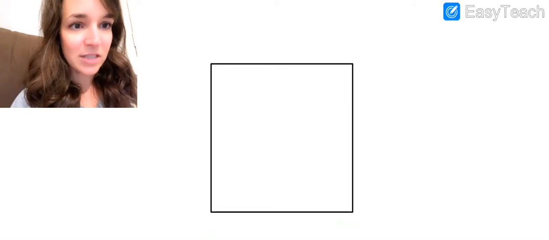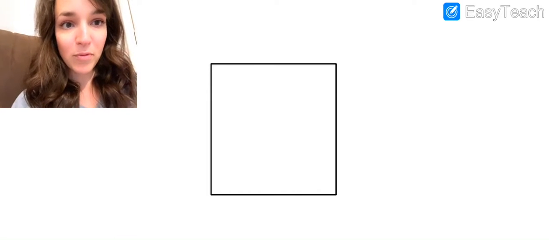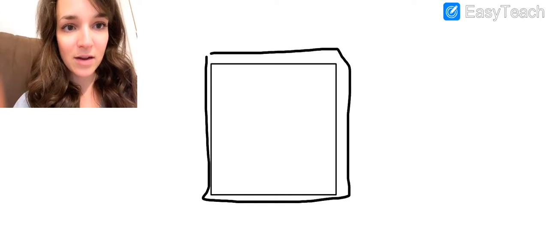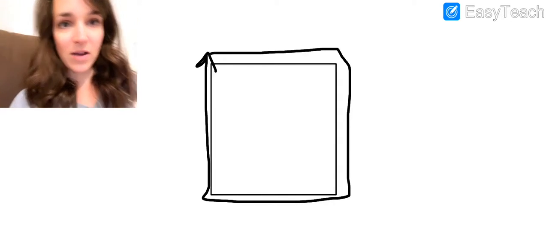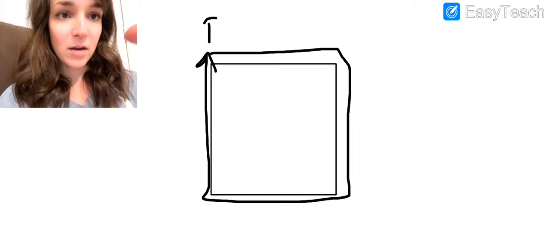If I've got a figure like this, and I want to find the perimeter, remember, perimeter is the distance around the outside. So we add up all the sides on the outside. So that's perimeter.